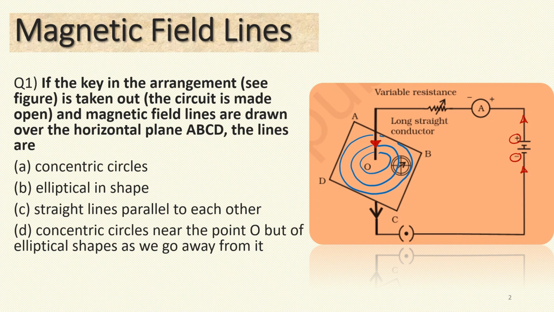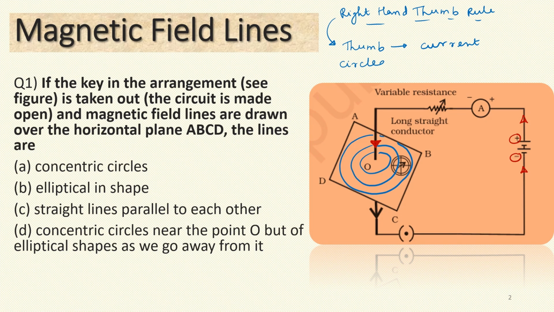Since we are not using the compass over here, you can also use Maxwell's right hand thumb rule. So what is this rule? This rule says that if you keep your right hand and stretch your thumb in the direction of electric current, then the circled fingers will give you the direction of magnetic field.